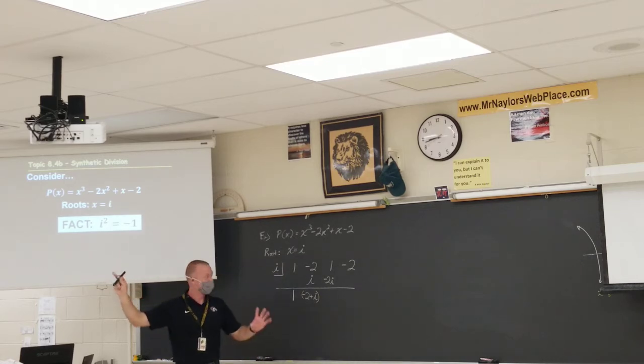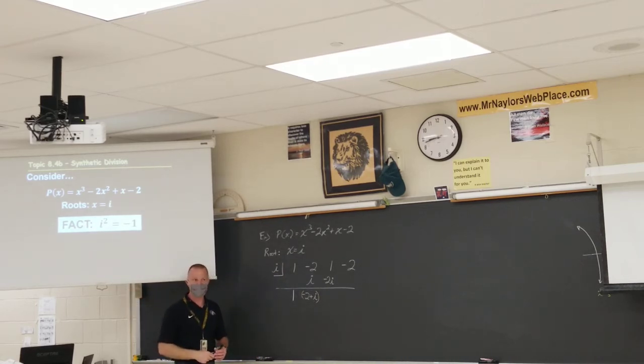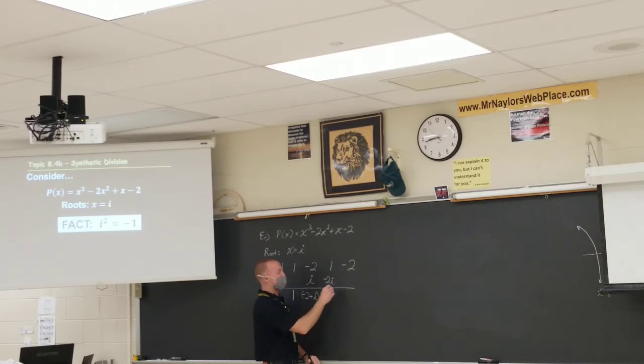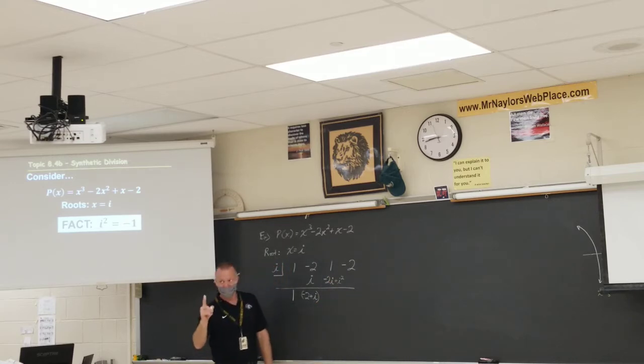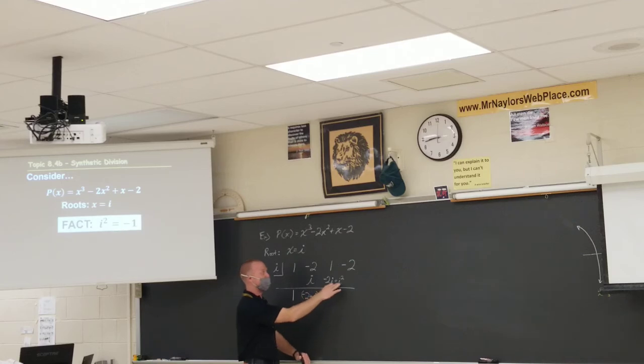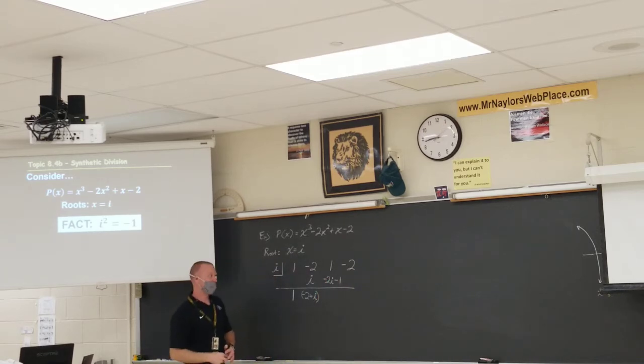It's kind of the mysterious fact, but it's not that mysterious. It just comes from the idea of the square root of a negative number. But listen, i squared equals -1. You got to make a decision if you're going to write i squared right here. Or I tend to like to say, wait a minute, I already know that i squared is -1, and I like to just write it as -1. How about you? Are you okay with kind of skipping that step?